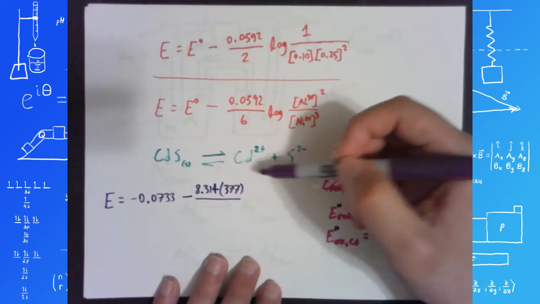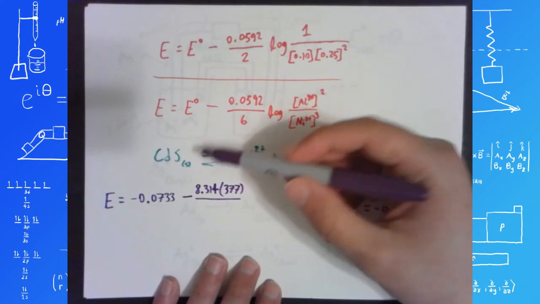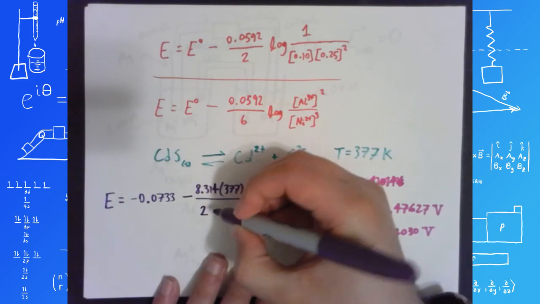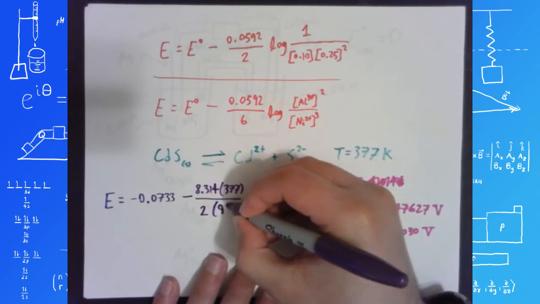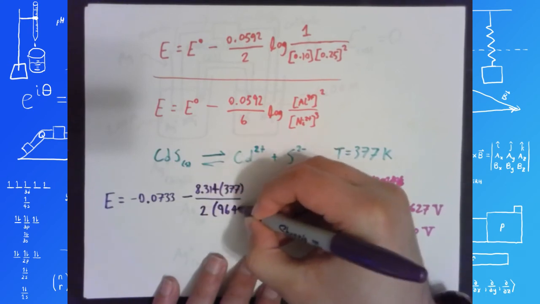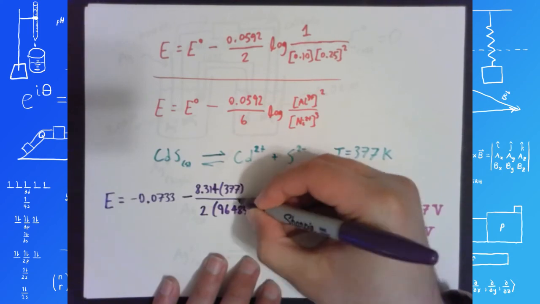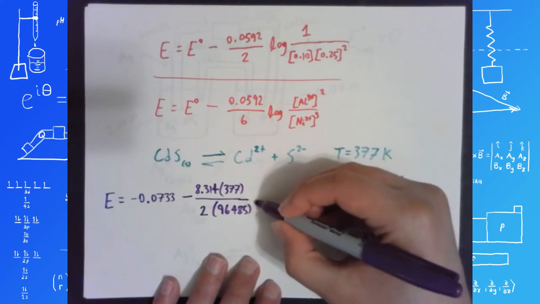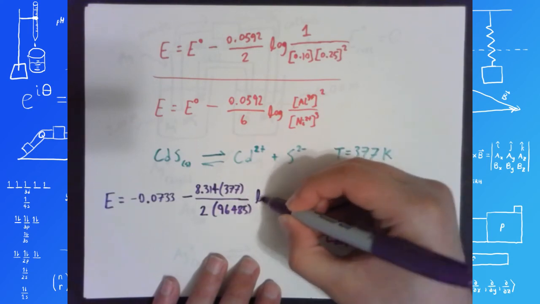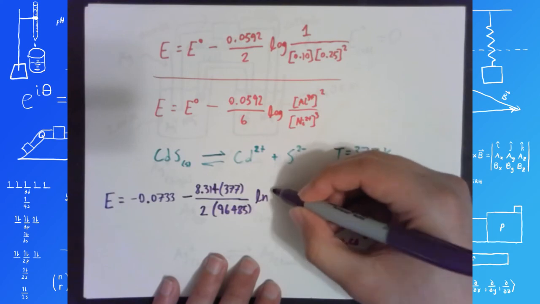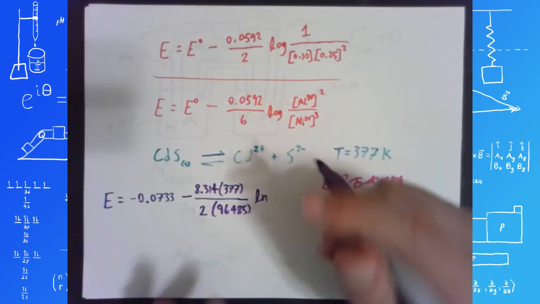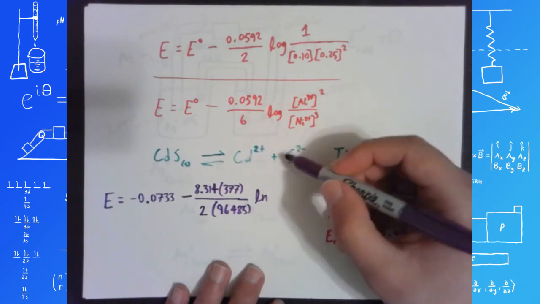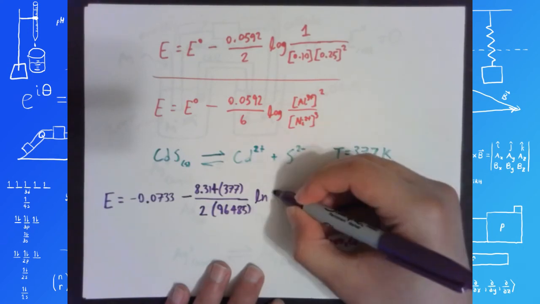Cadmium loses 2, sulfur gains 2, so least common multiple of 2 and 2 is 2, and then the Faraday constant, 96,485, or 96,500 if you prefer, times, this version was still the natural log version, so times the natural log of Q, and Q is just going to be the product of those concentrations.